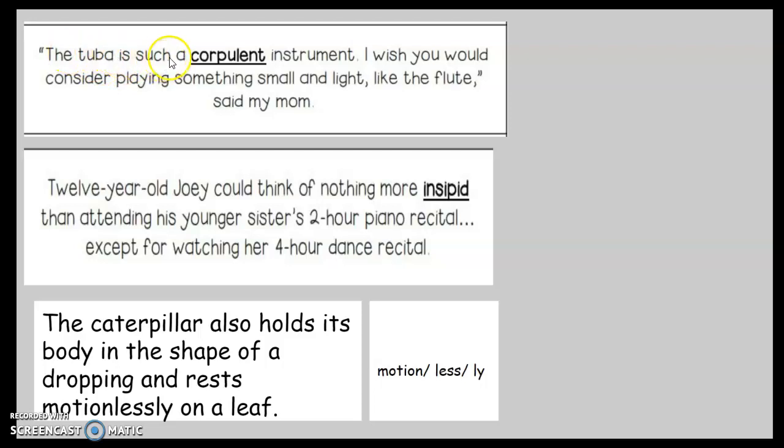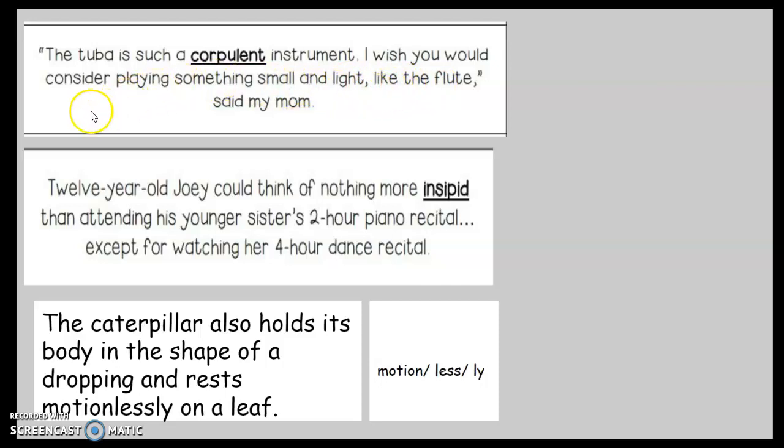The tuba is such a corpulent instrument. I wish you would consider playing something small and light, like the flute, said my mom. Corpulent, ooh, that is a big, tricky word. So it's describing the tuba, it's describing this instrument. And then mom says, man, I wish you were playing something small and light, like the flute. So what's happening in this sentence?